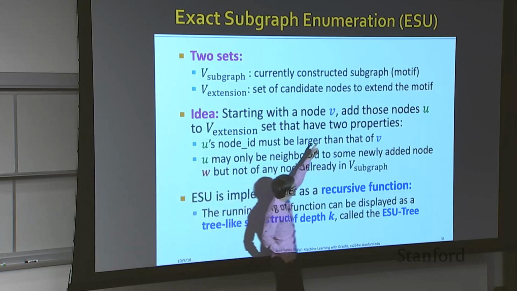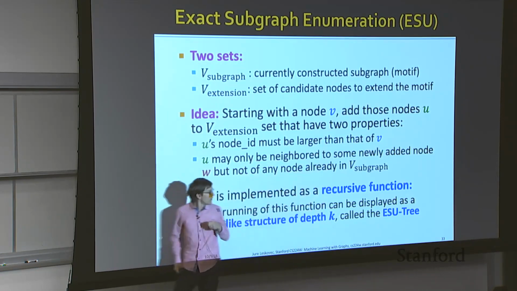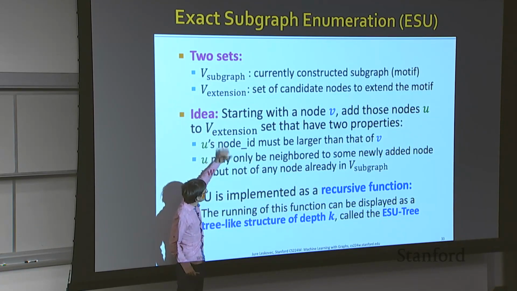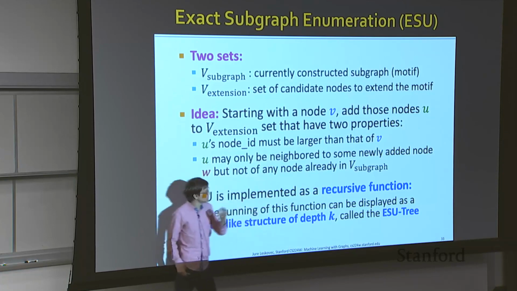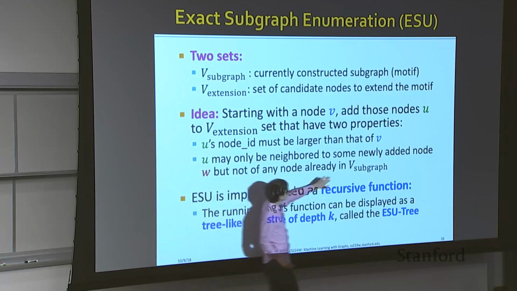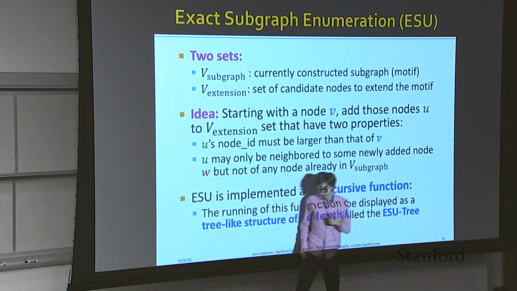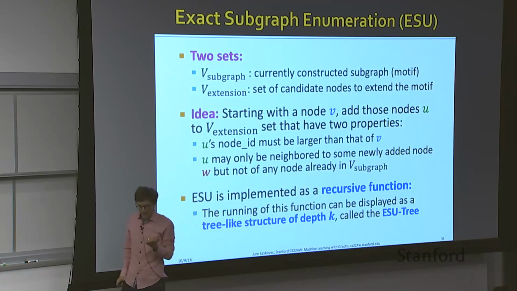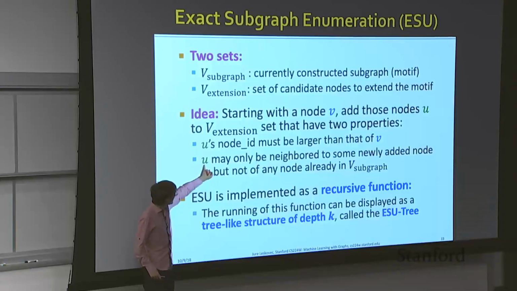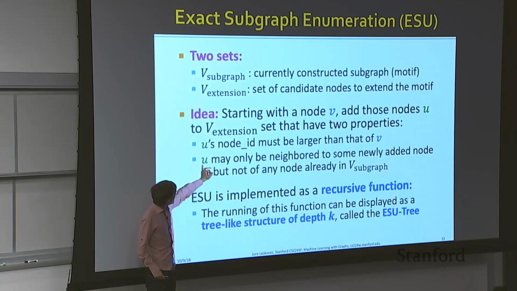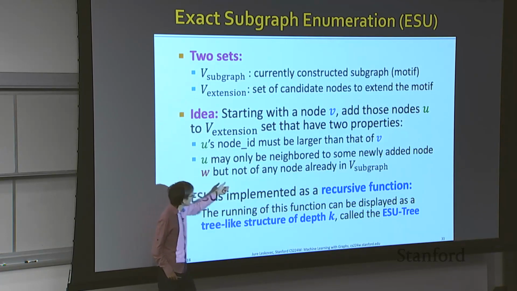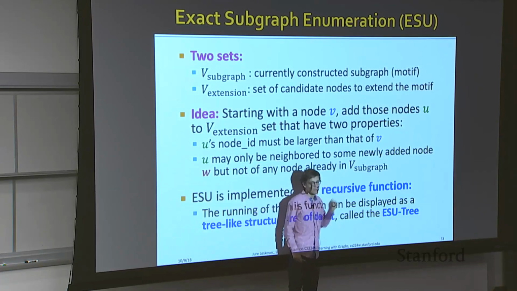We will start at some node V, and then we will add new nodes U to the extension set, such that these nodes U have 2 properties. First, U's node ID must be greater than that of node V. The reason we have this condition is because we don't want to generate the same graph multiple times. And the other thing is that node U can only be a neighbor of some newly added node W, but not of any node that is already in V subgraph, right?